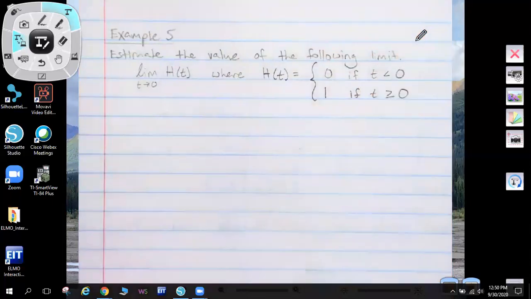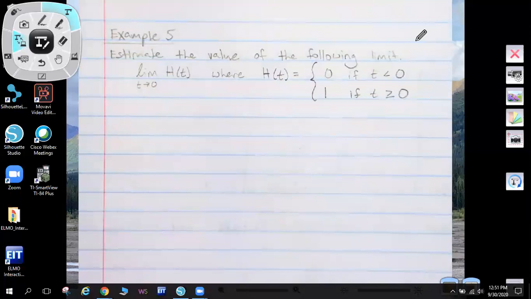All right, we've got another piecewise function. This is a function that is sometimes called a step function.